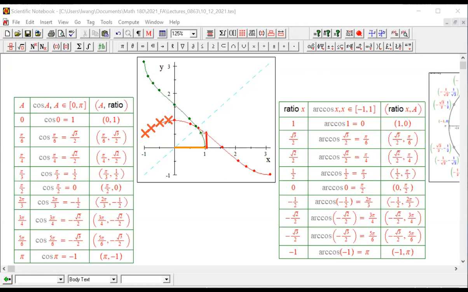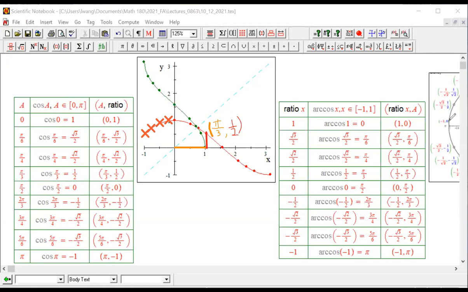Now, this point will be marked as pi over 3, half. And this red half refers to the red number on the unit circle at a position with terminal pi over 3.